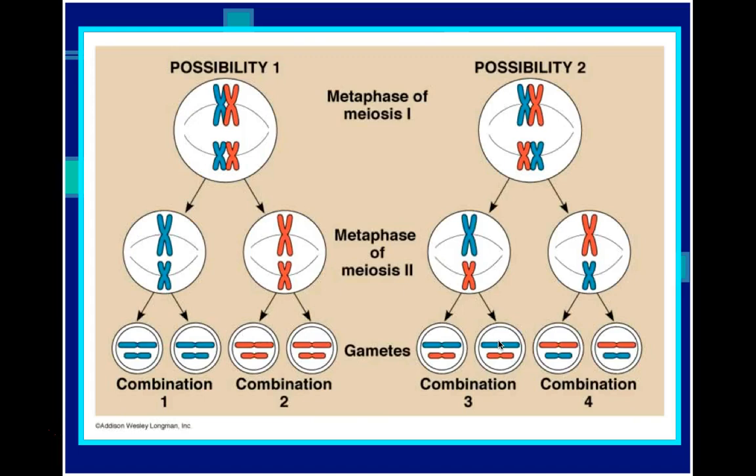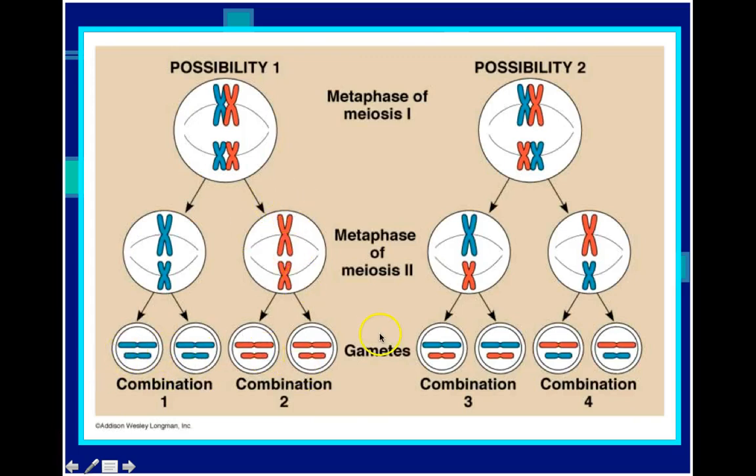And here is just an overview of possibilities of the arrangement of chromosomes, the homologous pairs. We call this the law of independent assortment, and that simply means it's completely random how the homologous pairs line up. So you could have all of mom's homologous pairs lining up and all of dad's homologous pairs lining up, cleanly, all of mom's, all of dad's.